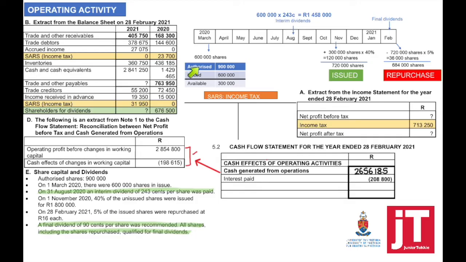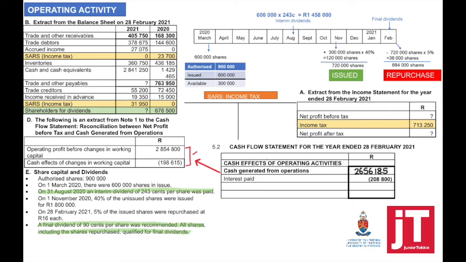On 31 August 2020, an interim dividend of 243 cents per share was paid. This means that I need to calculate the interim dividends that were paid out.